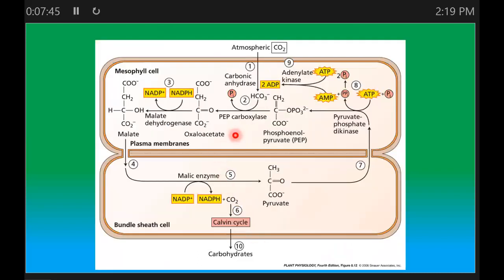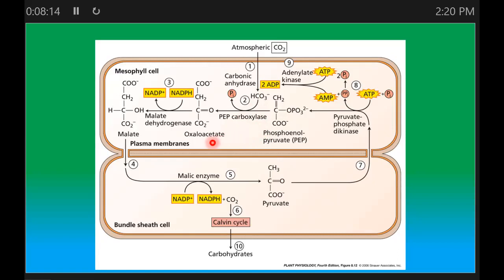So what the carboxylation is being shown here in more detail. Here's the CO2 up top coming in, and you see that it's the enzyme PEP carboxylase. It's not rubisco that immediately works on that carbon dioxide. So this PEP carboxylase takes in phosphoenolpyruvate, PEP, and then CO2, and reacts those together, and you get this oxaloacetate molecule.